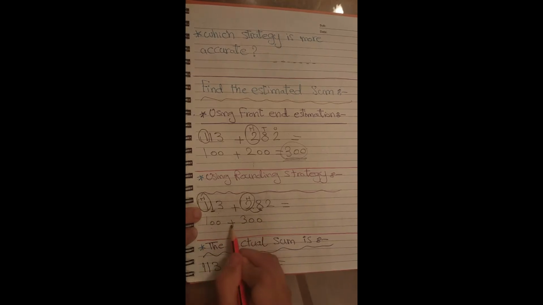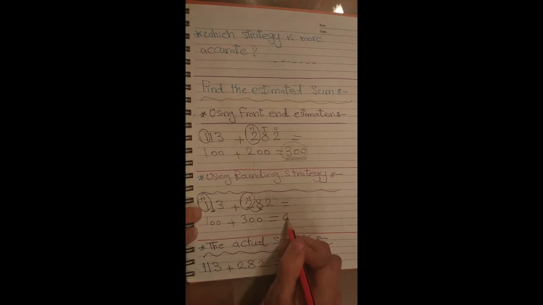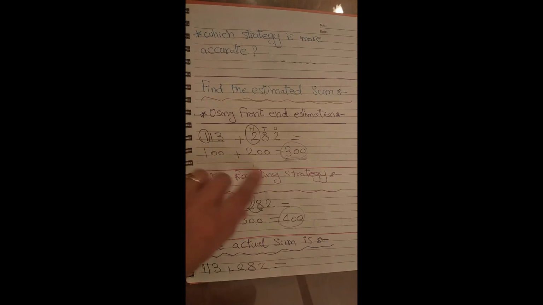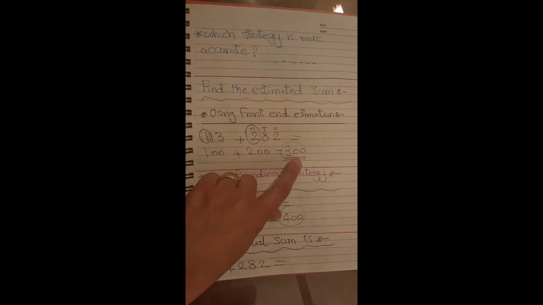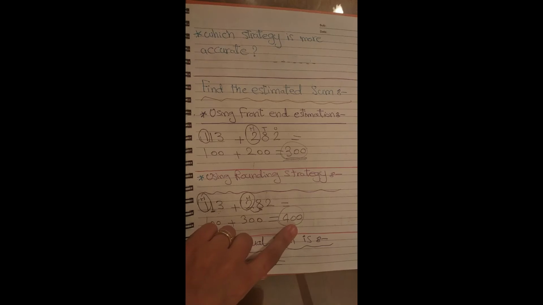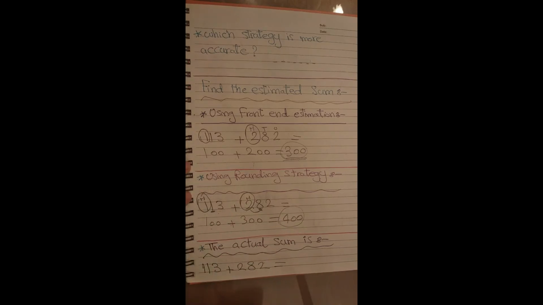Now I have 100 plus 300, which, if we do it mentally, equals 400. And 400 here is the estimated sum, not the exact sum. To compare between them, you will find that from front-end estimation, I get the sum is 300, and from the rounding, we got 400, and it's a very big difference between them.